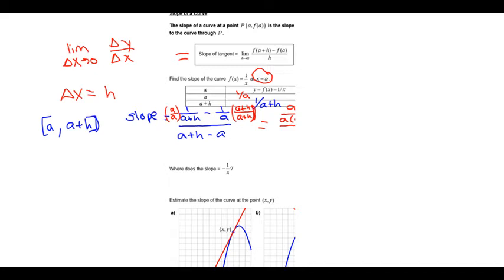So the numerator will simplify out to being a minus a plus h over a squared plus ah all over h.